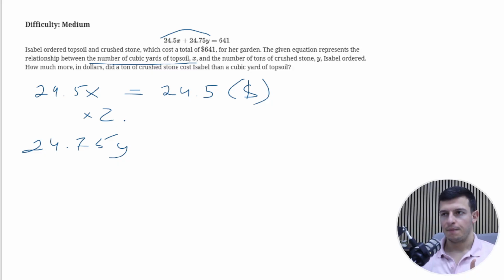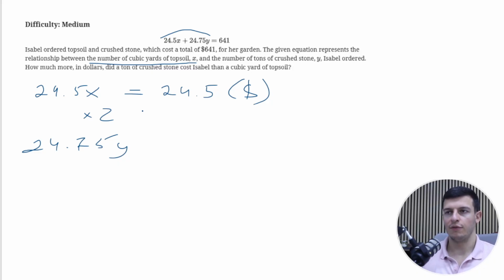Actually, the other one is with tons, so y is with tons, but it doesn't matter. So 1 cubic yard of topsoil costs us 24.5. If you get 5 cubic yards, you will do 5 times that. Okay, same goes for the crushed stone.